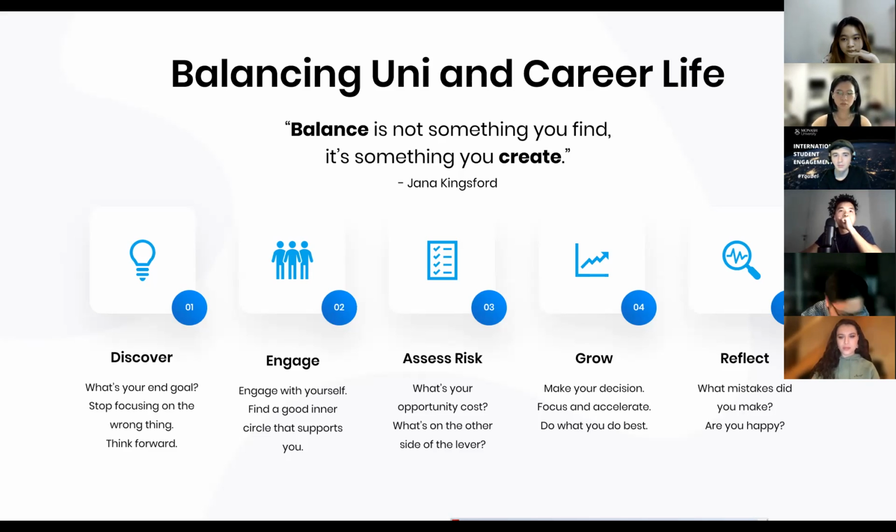The first thing that I asked myself was to discover, what do I want? What's my end goal? My end goal in entering university, in studying at Monash University, is so I can get experience and, second, so I can land a good job.